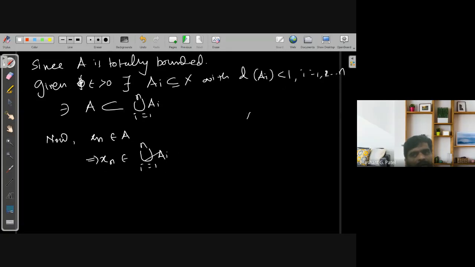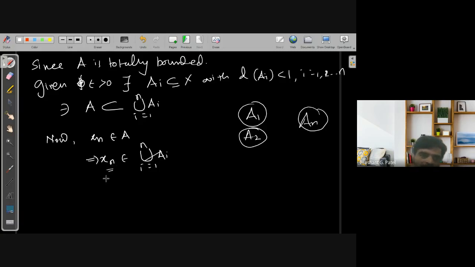So if A_1 contains finitely many members of x_n, A_2 contains finitely many members of x_n, and so on, A_n contains finitely many members of x_n, then this sequence x_n is itself a finite sequence, and every finite sequence will already have a Cauchy sequence. Okay?